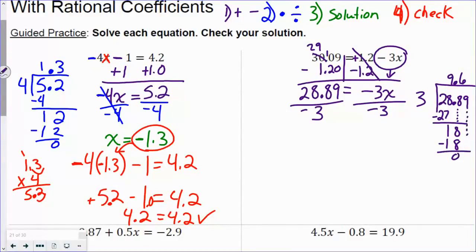And then bring down our 9. And 3 goes into 9 3 times. Not done dividing until you have a 0 and have used all the digits. Okay. Oops, I forgot to put that in color code. So we had our division of -3 in blue.